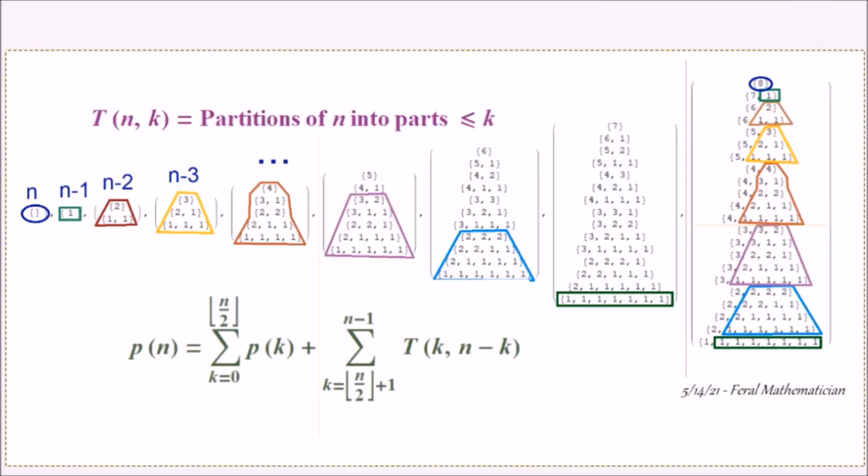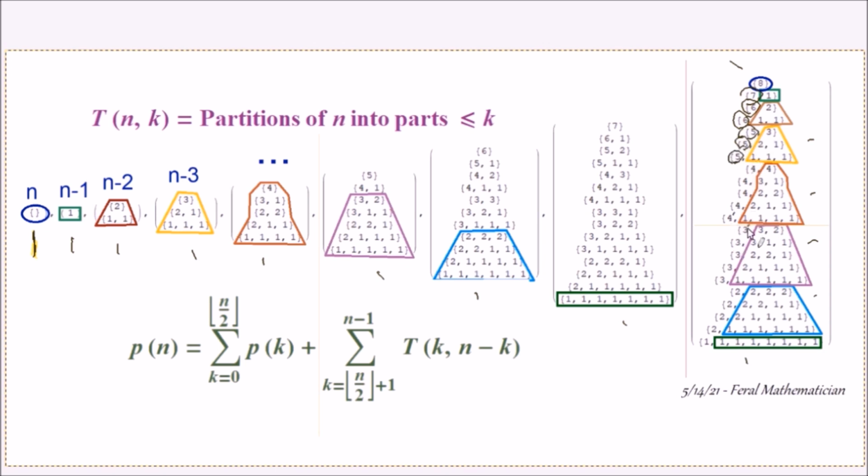This little diagram here, I'm not going to spend too much time on it. You can freeze if you want and look, but the interesting thing about it is that every partition, if you discount the first element, what remains in the other elements are full-blown partitions of lower numbers, up to the floor of n over 2, and then with the top getting cut off as you go higher up.